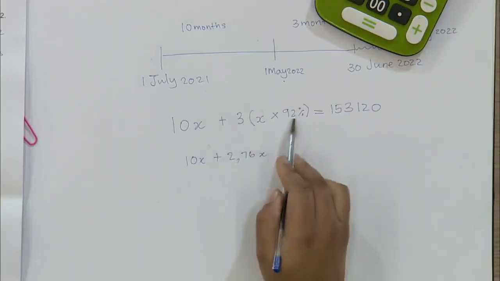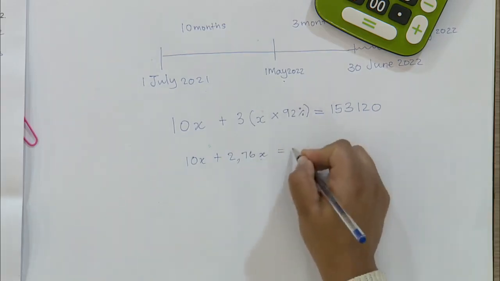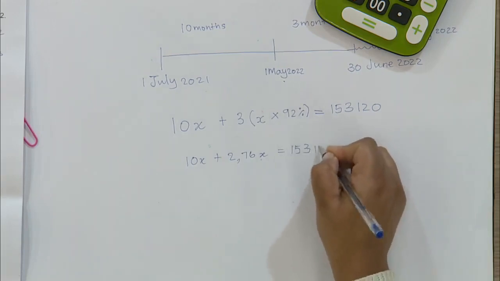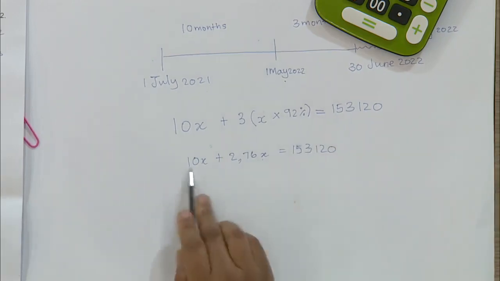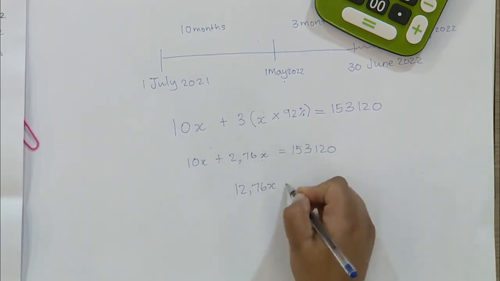Remember, you're multiplying everything, so that x will still be there. Is equal to 153,120. We're going to add these two. What does it give you? 12.76x is equal to 153,120.